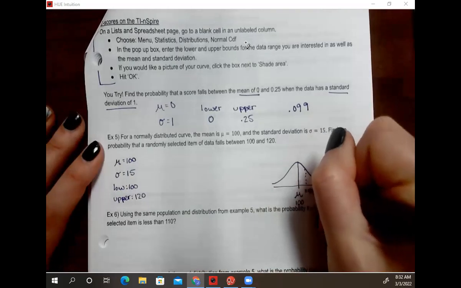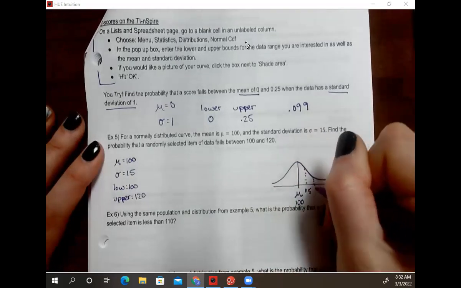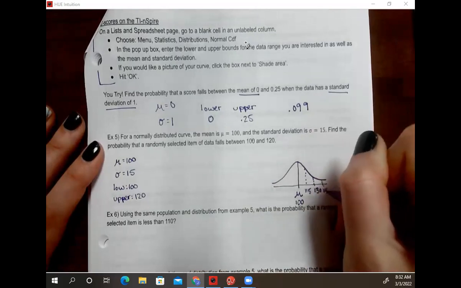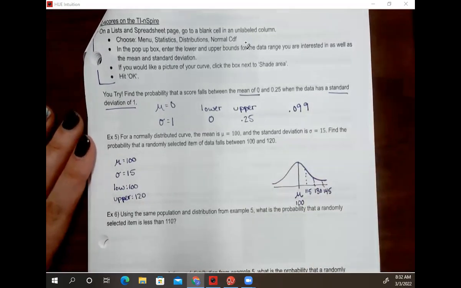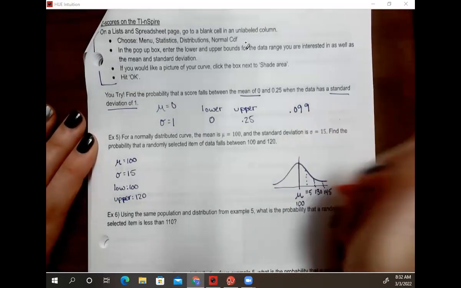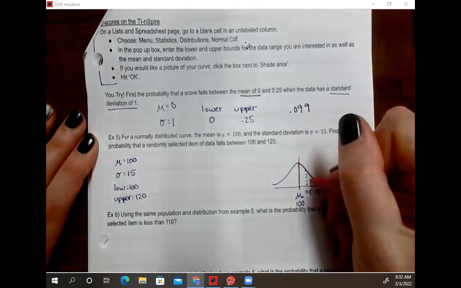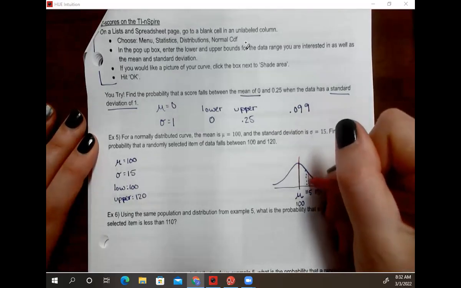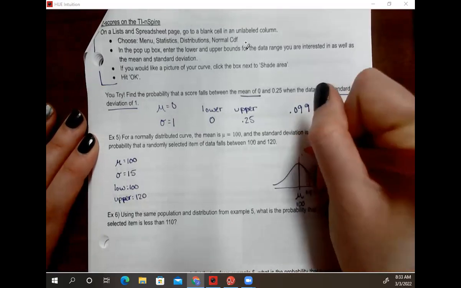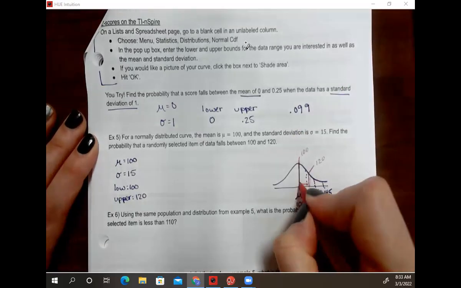So this would be 115. This would be 130. And then up here, 145, the top half of that curve. So I'm looking at a data value that falls between 100 and 120, which would be somewhere in here, a little bit closer to the 115 mark, not halfway through. So between 100 and 120.